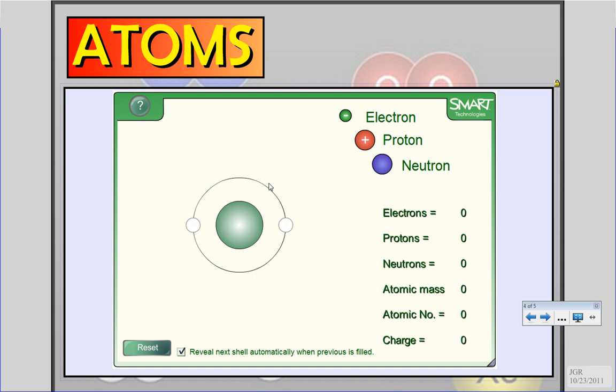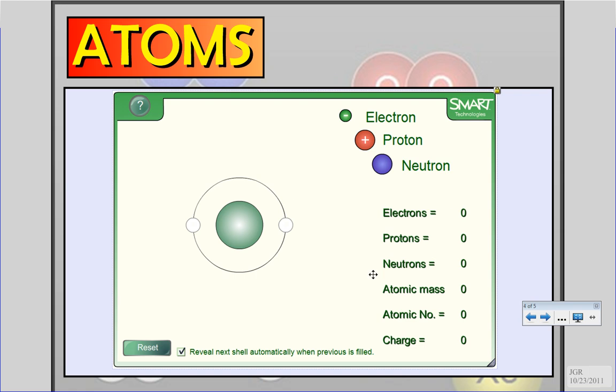Right now we have the atom structure, and again we have the basic structure, which is the electron clouds on the outside, and the nucleus. That's the basic structure. And these are the particles found within the atom, which, when we construct the atom, will give the information for that particular atom.